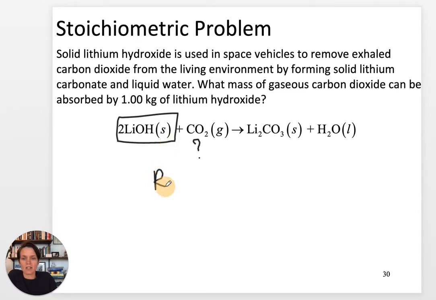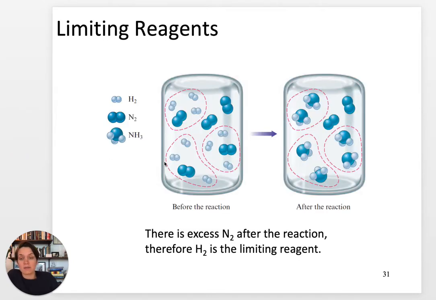So these were questions about 2 reactants, right? So limiting reagent doesn't come into play in that. But it will come into play if you're given information about 2 reactants and asked about a product. Last example, we were just asked if you have this much reagent, how much of the other reagent do you need? So limiting reagent is basically this idea that you're always going to run out of something before you run out of the other.